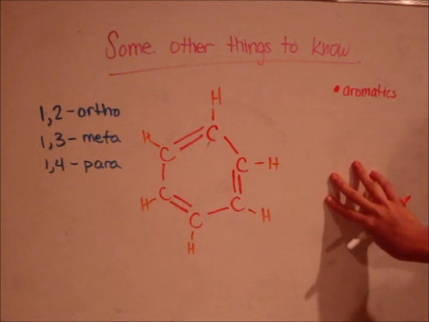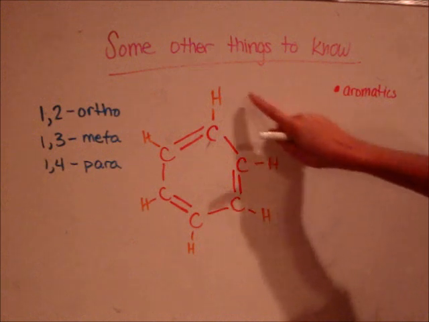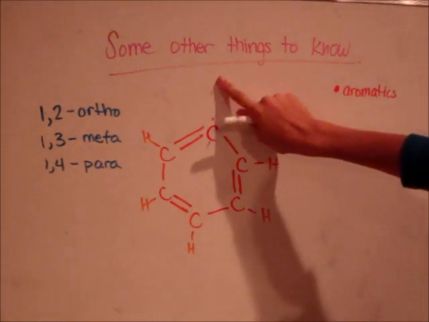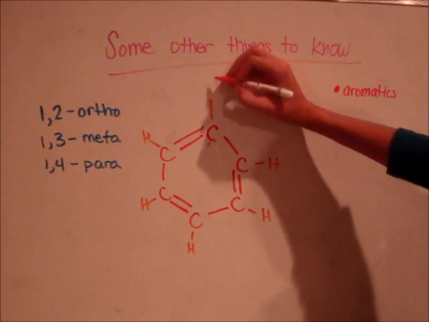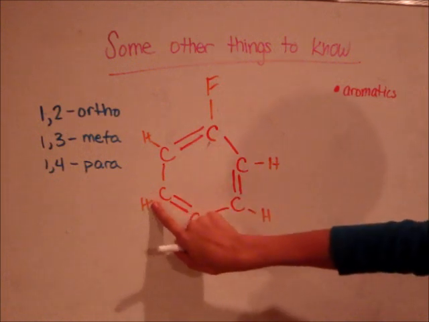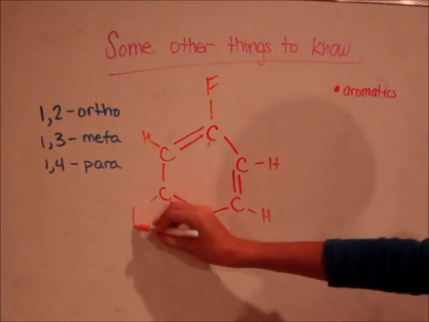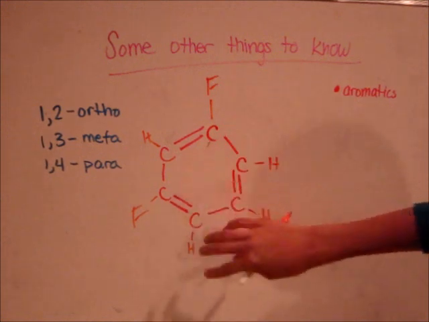So I've drawn it out this way now just so you can see how all the C's are bonded to 1 H. And let's take away this one and replace it with a fluorine. And let's take away this one and replace it with a fluorine. And we start counting 1, 2, 3, 4, 5. It's on the 1 and 5. But wait, no, it's not.